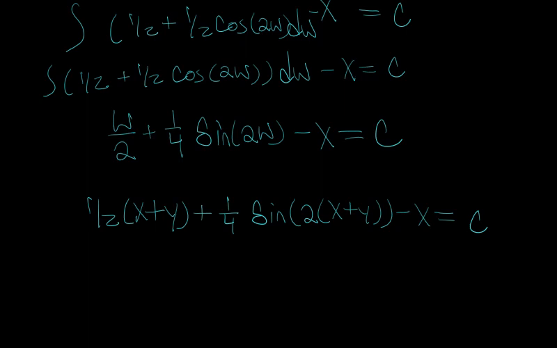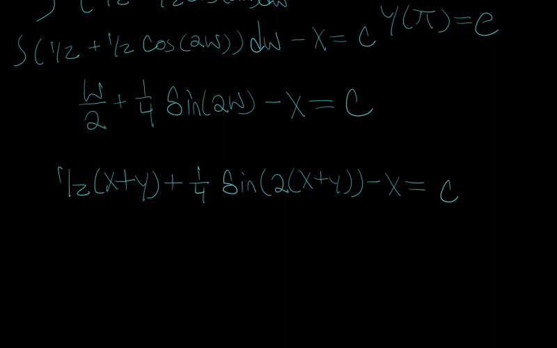And the initial condition that was defined in this problem was that y of pi was equal to e? Hold up, let me actually validate that. Okay, so I validated that, and the initial condition was that y of pi is equal to e. So now we have this function f of x,y, and it's equal to our constant of integration.